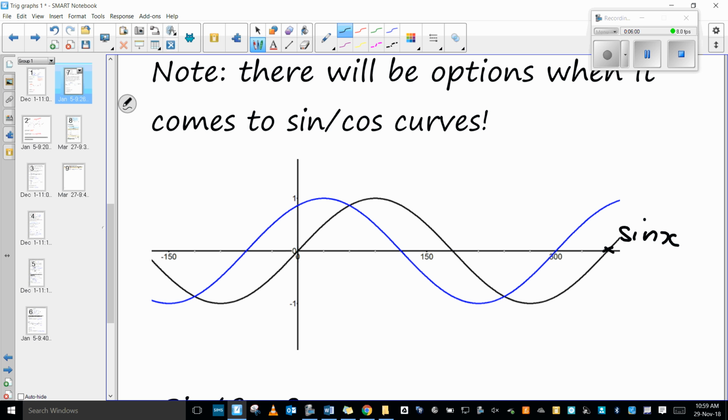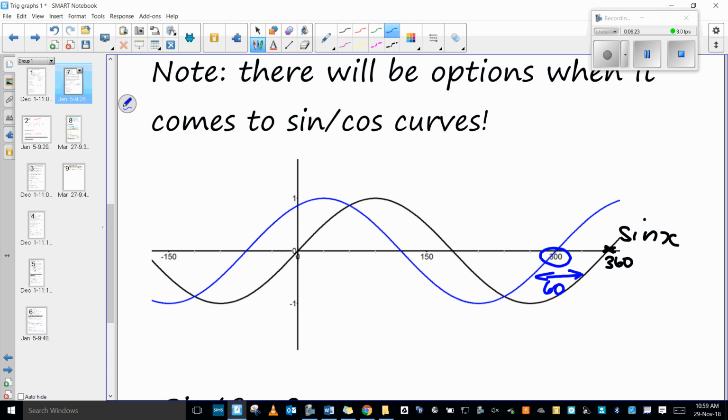So, what point was that normally? 360. Now, where is it going through now? 300. So that means that this movement is how many degrees? Okay, that's all good. So secretly we've gone left 60 degrees, yes?